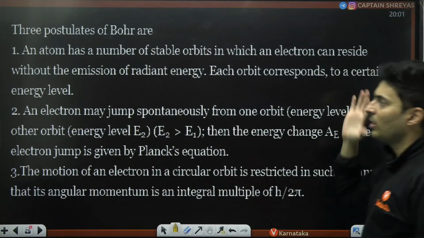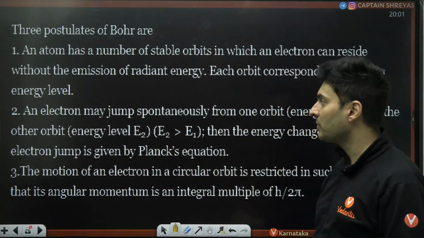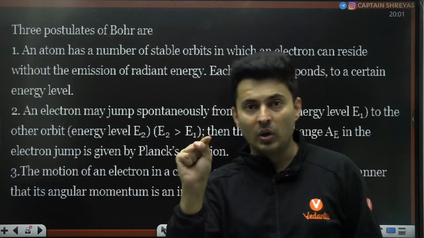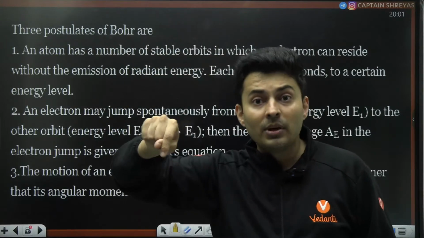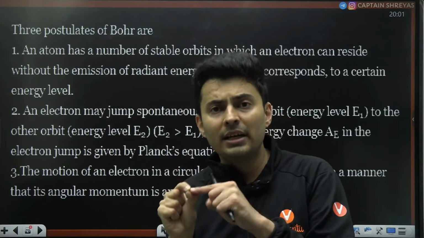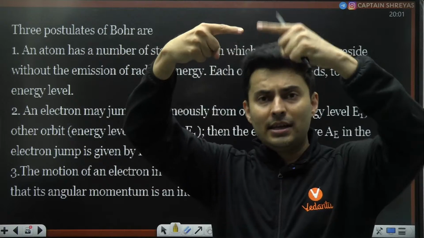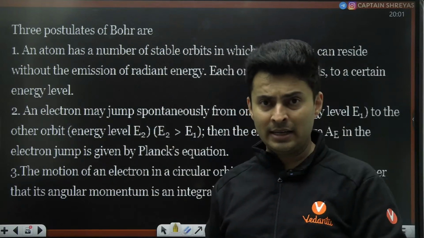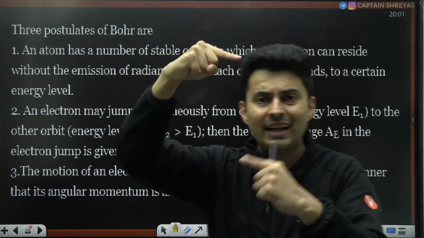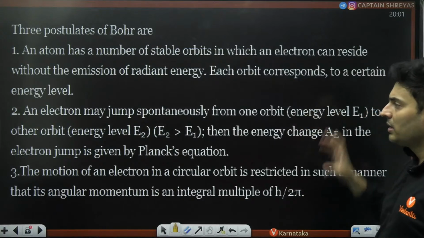They are called stable orbits, and each orbit has a fixed level of energy. When an electron accepts energy from a photon, it can only jump if the photon has exactly that energy for it to jump to the next energy level. And an electron can jump down to a lower energy level, and it will emit a photon of exactly that energy difference. That is very important.